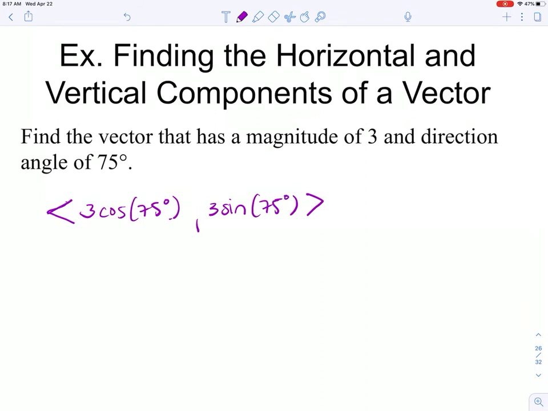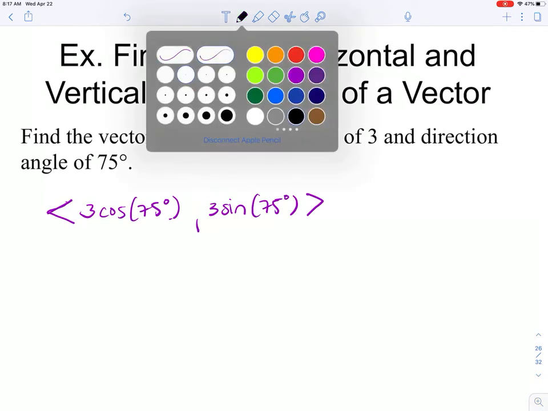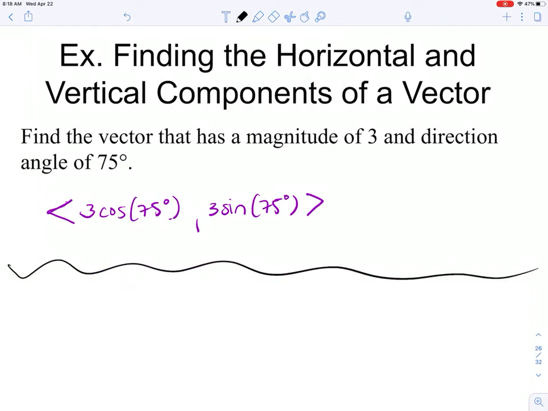Since 75 degrees is not an angle in the unit circle, you would have to use an identity to simplify that, or we could just leave it as is, right? 3 times cosine of 75 degrees is the exact value of a. 3 times sine of 75 degrees would be the exact value of b, or the exact value of the vertical component.